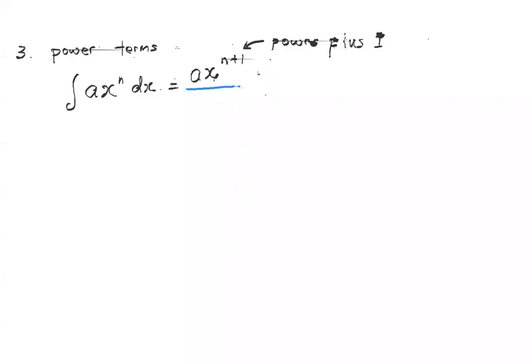Divide by the new power. This is called the new power. Then plus c. So that is how the rules go. Are you okay? So far, so good?